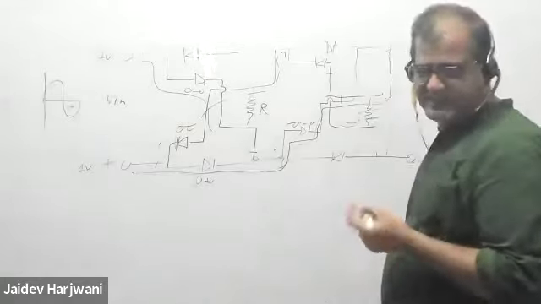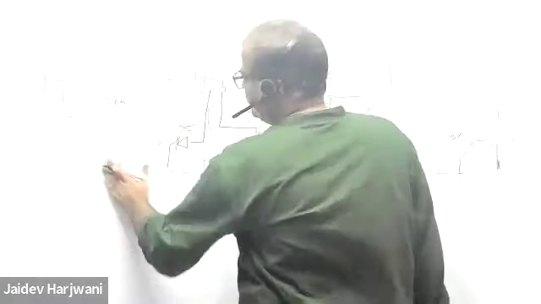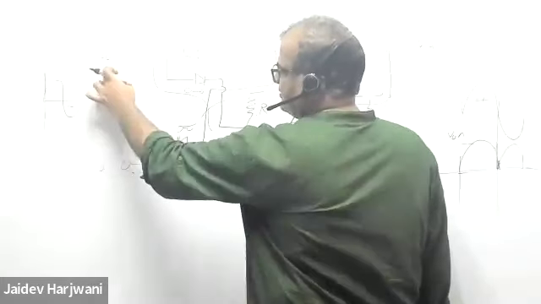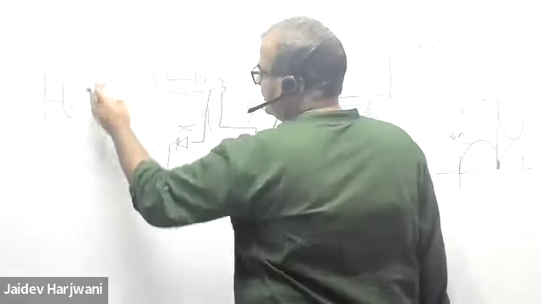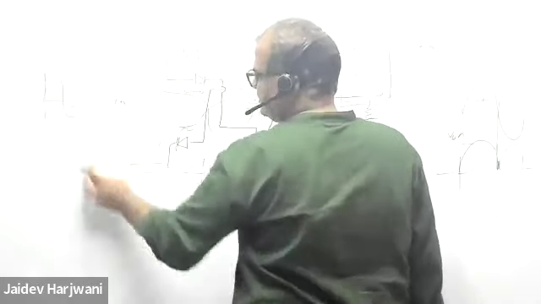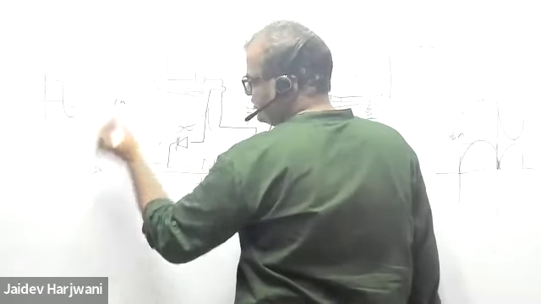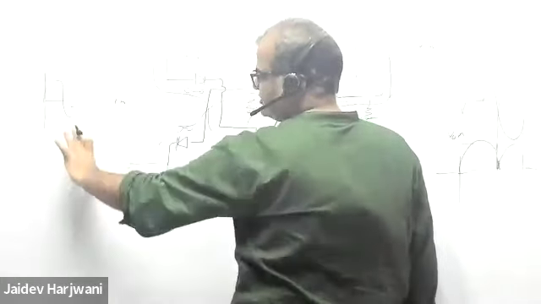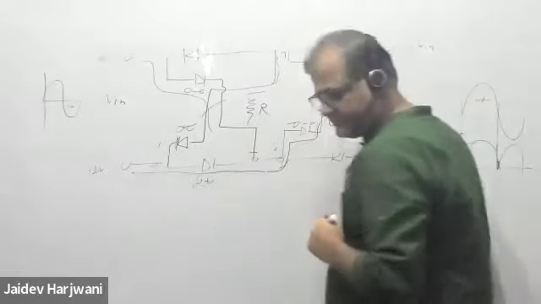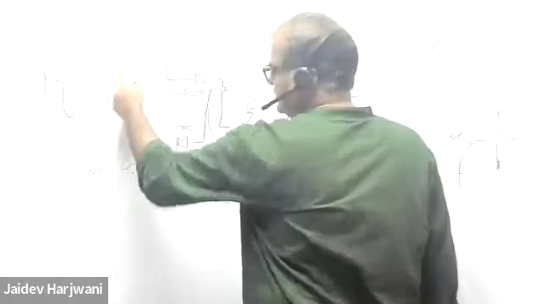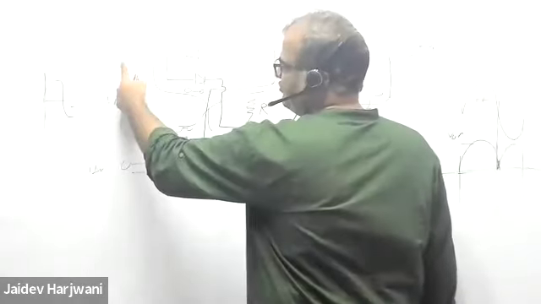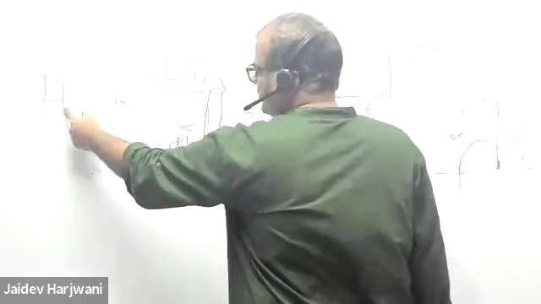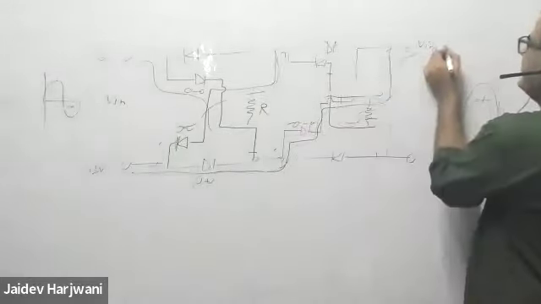What does -1 volt mean? If this is 0, then this is my +1 volt with respect to this one. Zero minus 1 is -1 volt; with respect to this one, this is a -1 volt. So when you are giving -1 volt here, you are getting +1 volt.